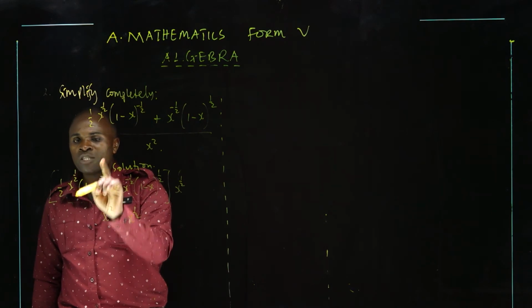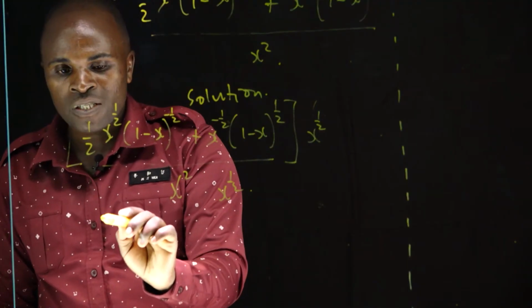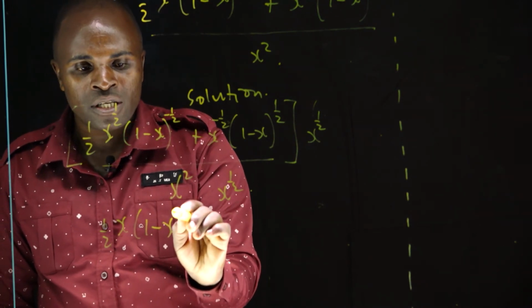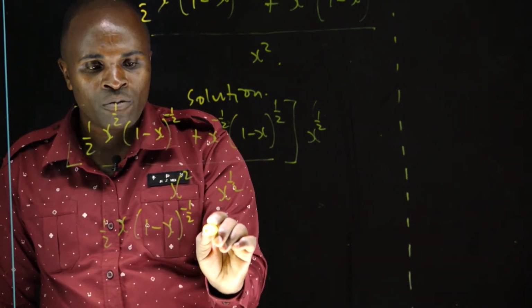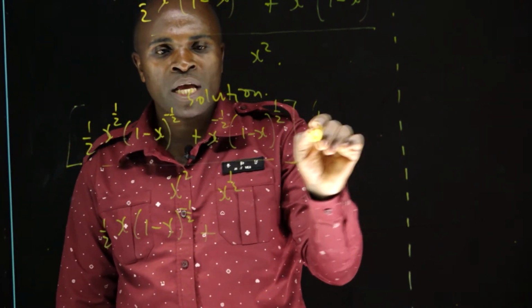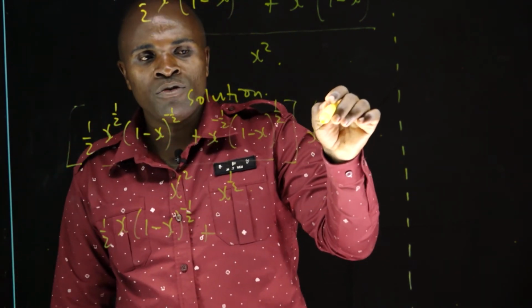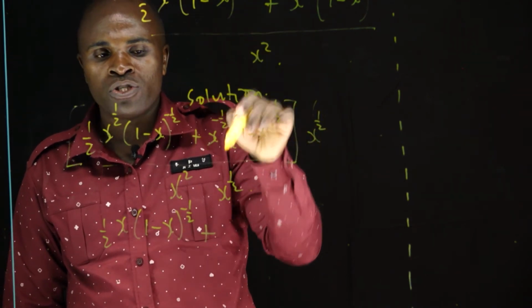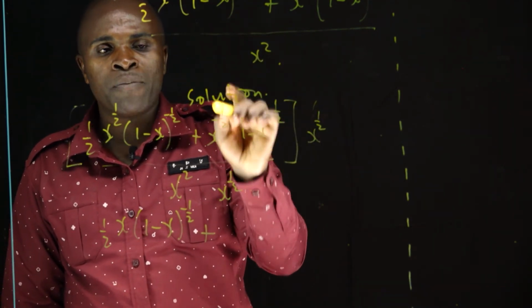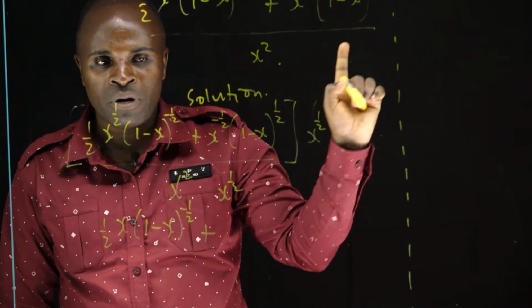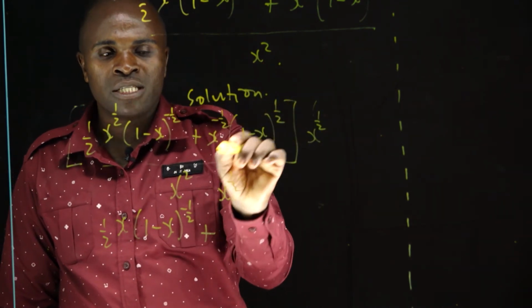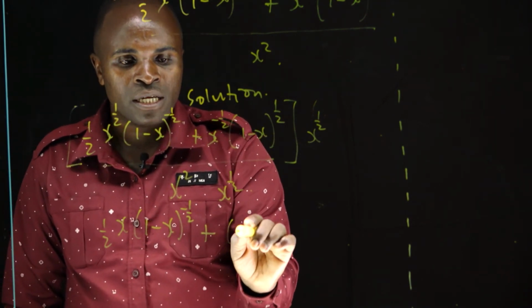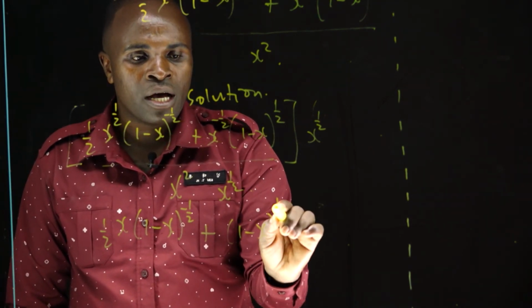Then you are going to have x power positive 1, which is just 1 over 2 x, 1 minus x power negative half plus x power half times x power negative half. You will be adding the exponents. Positive half plus negative half is 0. So x power 0, any number power 0 is 1 from our rules. So it's just the same as to say there is 1. No need of writing 1. We just write 1 minus x power a half.